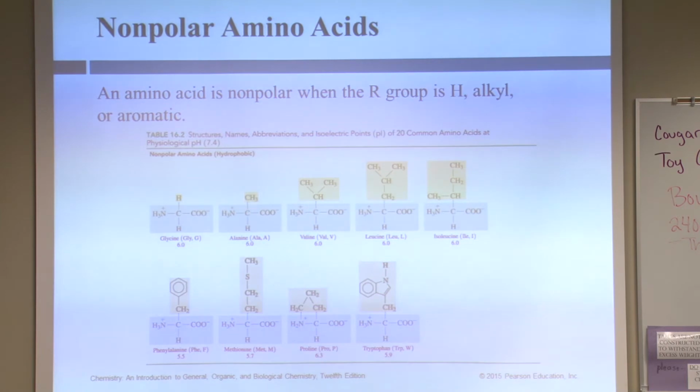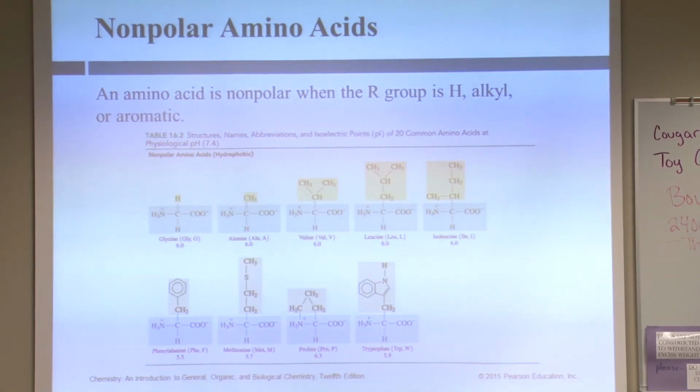Anything beyond 7, 8, 9, 10, 11, 12, 13, 14, all these are basic numbers. So you can see that at the physiological pH of 7.4, some of the 20 amino acid pI values, and these are non-polar, because we do not see a polar group, we see aromatic, hydrocarbon chain, methyl, hydrogen in the side chain.